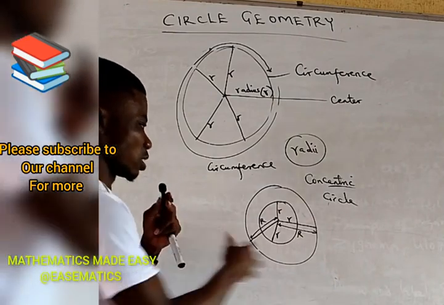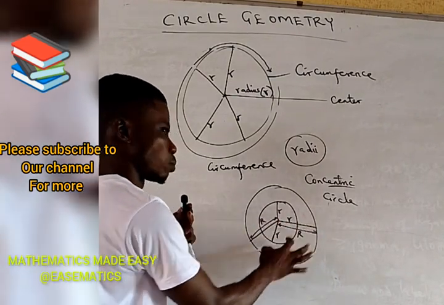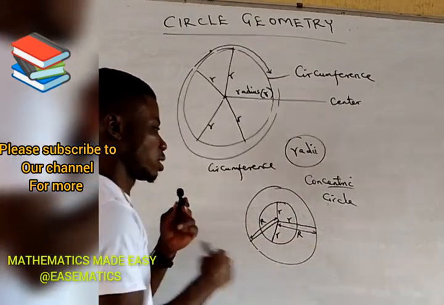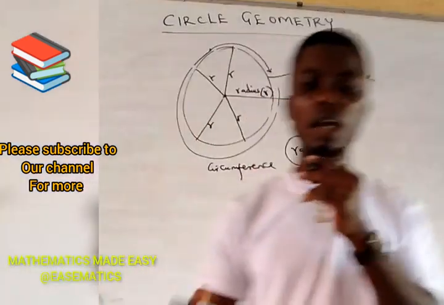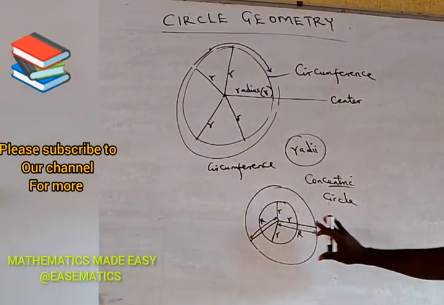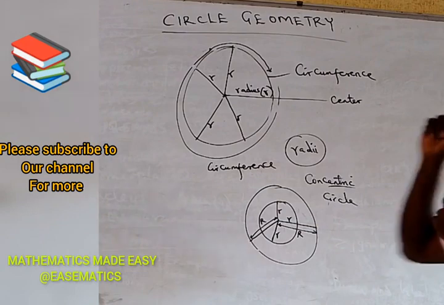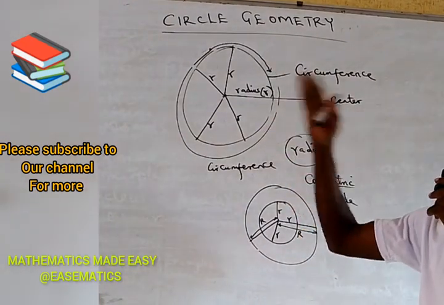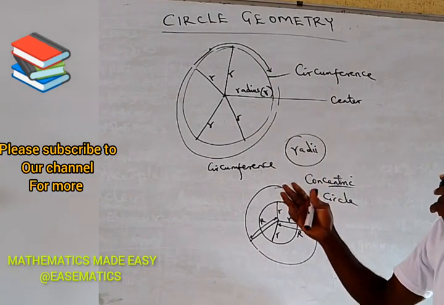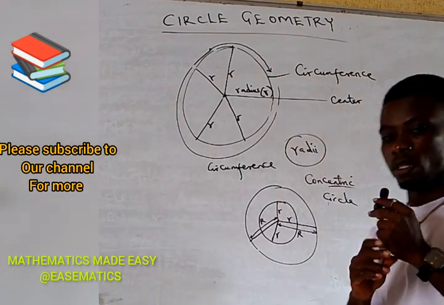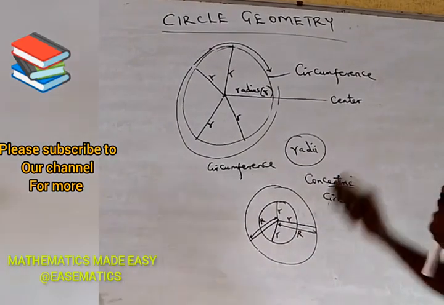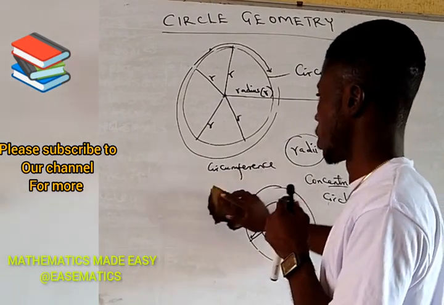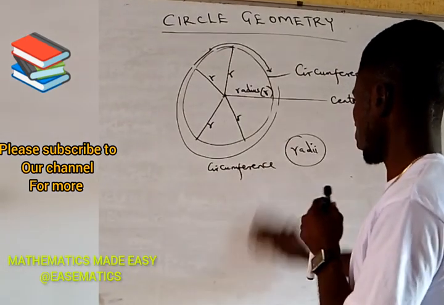I represented the smaller circle's radius with the small r, and the bigger circle's with the capital R. This is the only condition where the radius of a circle may not be said to be equal. But for a single circle, the radii, as many as they may be, will always be equal. This is one thing about the circle that we need to know.